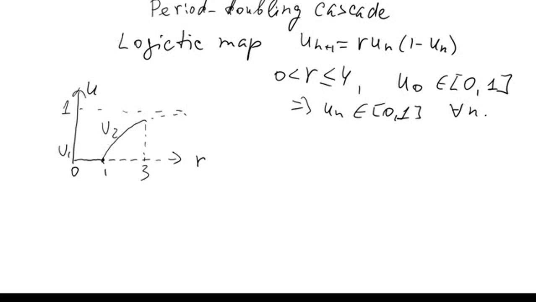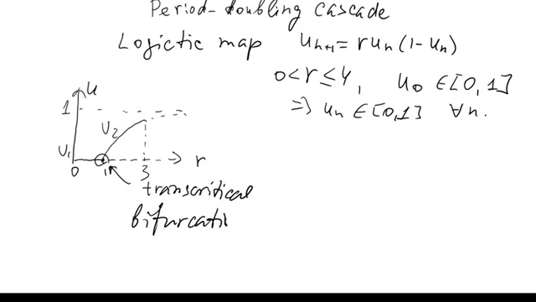So at this point we know that it was a transcritical bifurcation. We discussed this before. It is what we found in the last lecture.